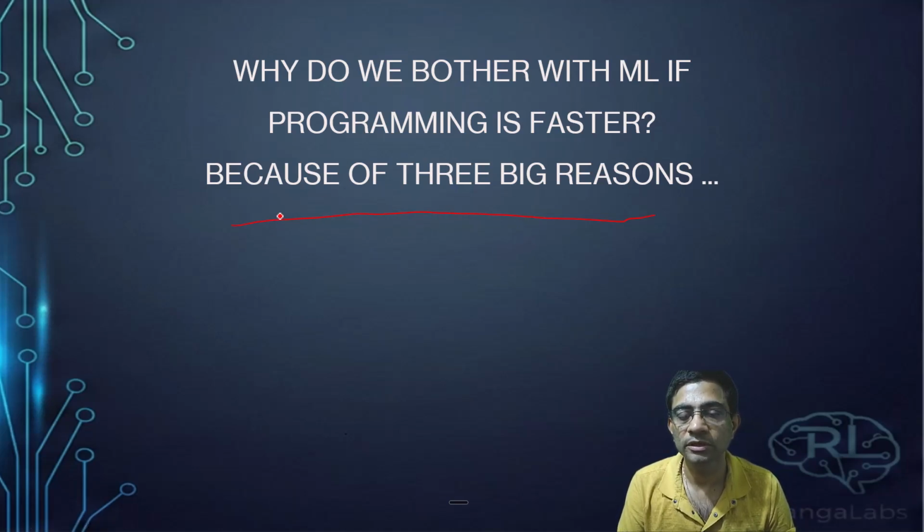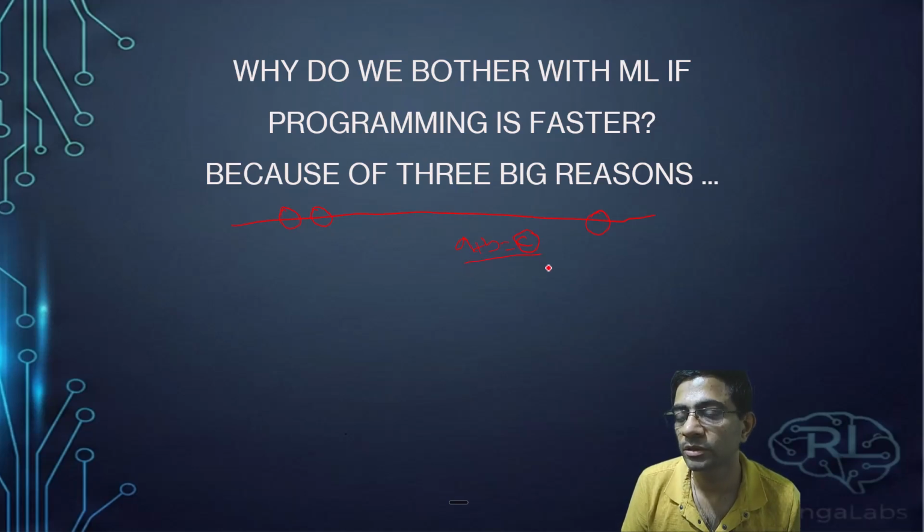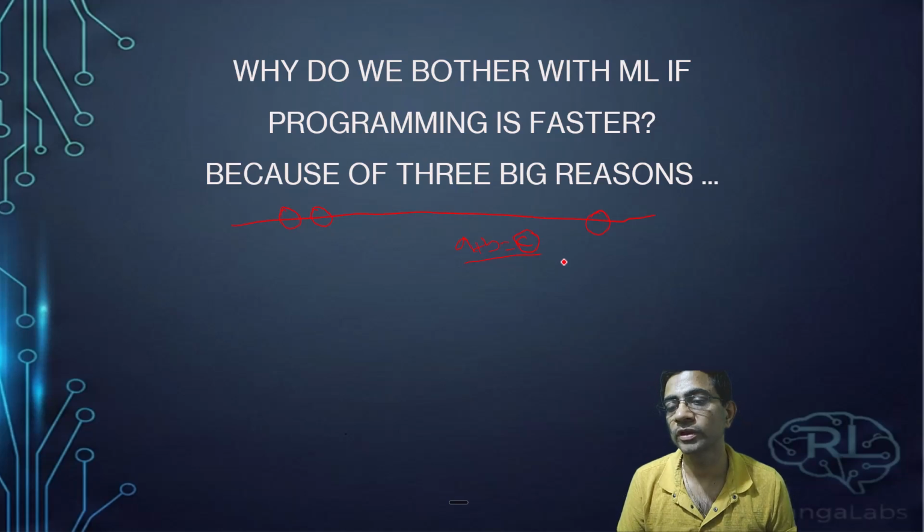If there are two inputs, you will get an output here. Okay, so if there is A plus B, we are going to get C. This is very straightforward, and every line of code can determine a certain output, and it is 100%.